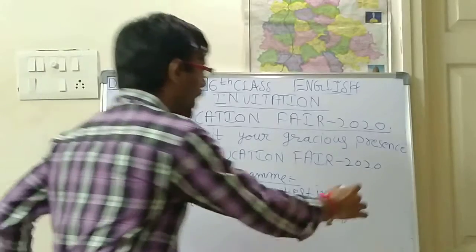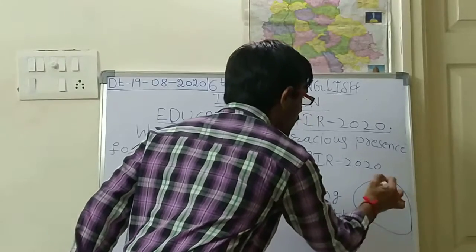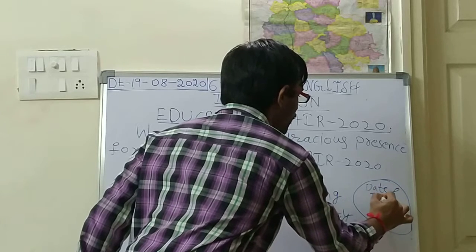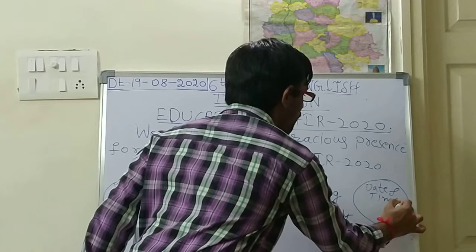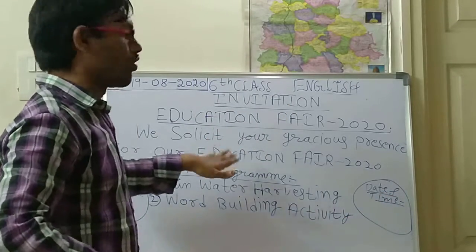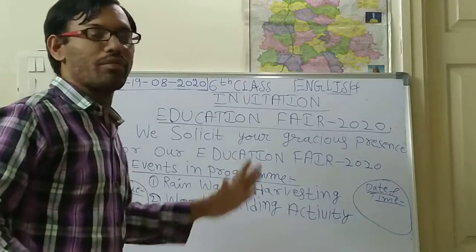Next, after this, you should use the date and time. On which date are you going to conduct this education fair and invite that particular person?